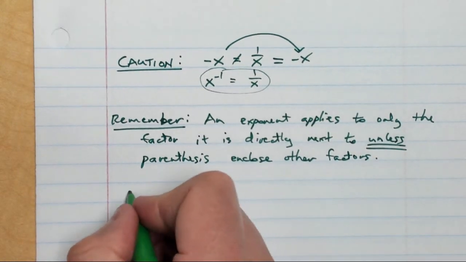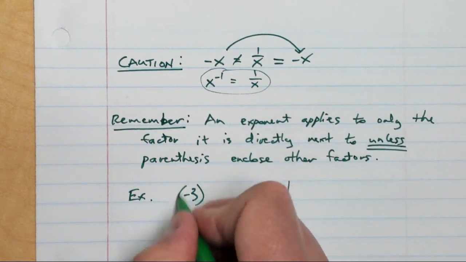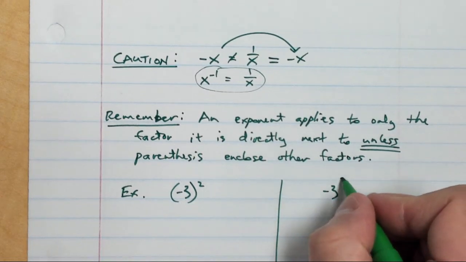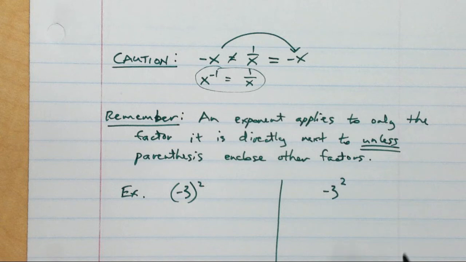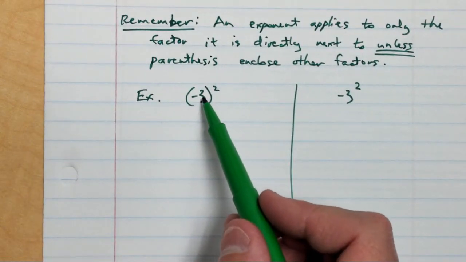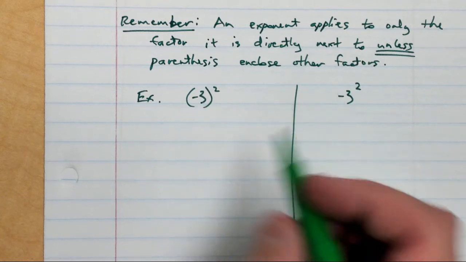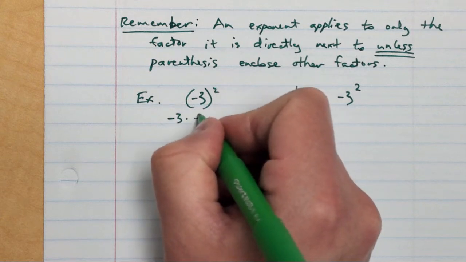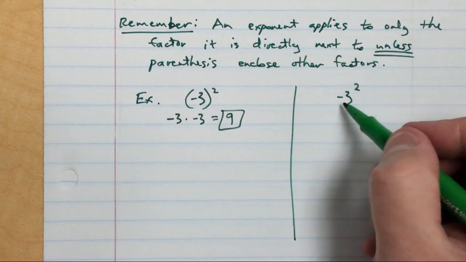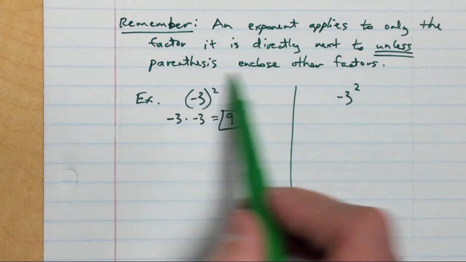An example here would be, I'm going to give you two examples, negative 3 squared in parentheses and negative 3 squared with no parentheses. In the first, the negative 3 is included, combined. This is a negative 3 times a negative 3, which is equal to 9. But in the second, the negative is not included with the 3 because it's not enclosed with parentheses.